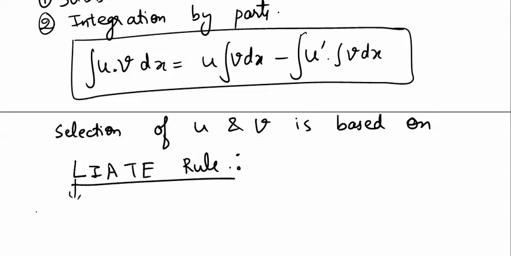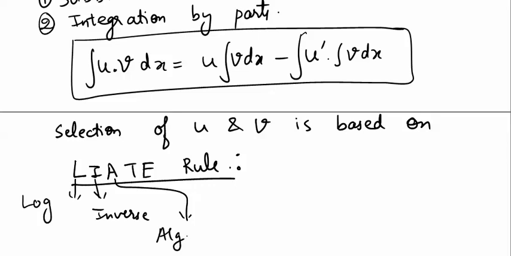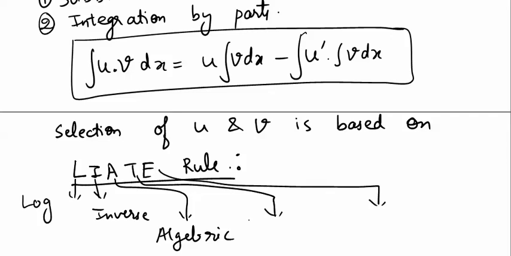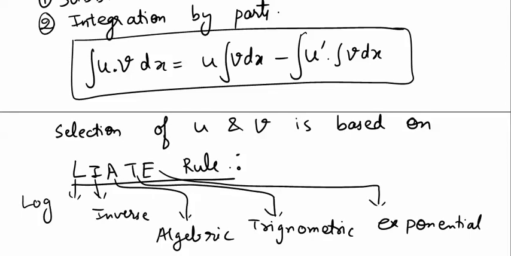Where L is log functions, I is inverse, A is algebraic, T is trigonometric and E is exponential. So this is the rule which we'll be using for by parts, right?